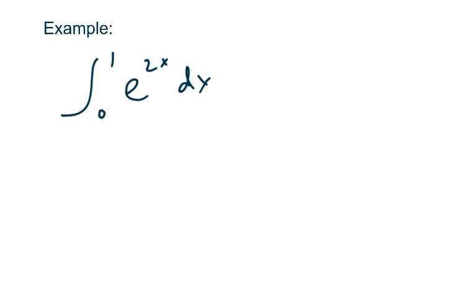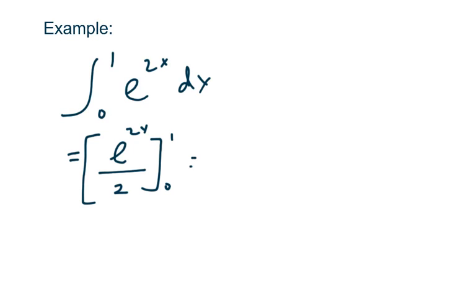For example, if you are asked to evaluate exponential of 2x with the limits of 0 to 1, what you should do is integrate exponential of 2x, which is giving you exponential of 2x, and then differentiate 2x, which is giving you 2. Copy the limits from 0 to 1.